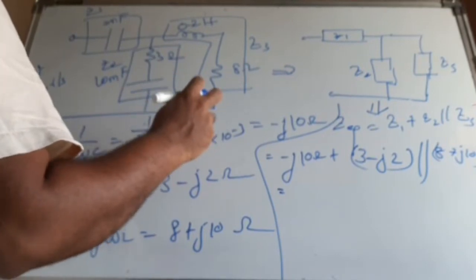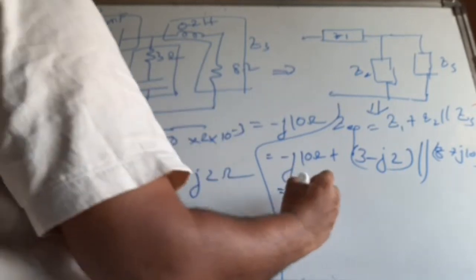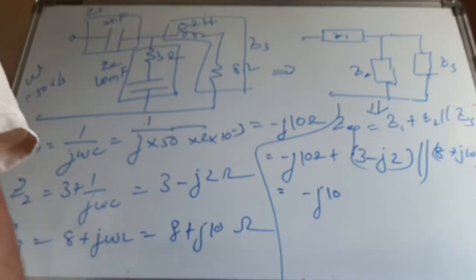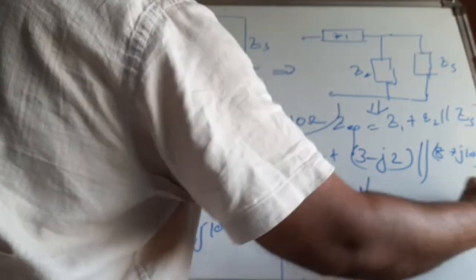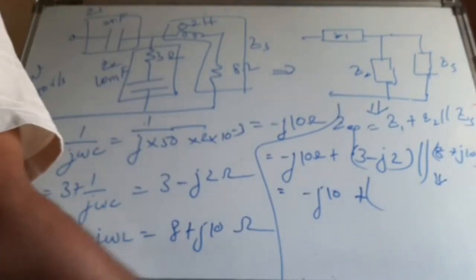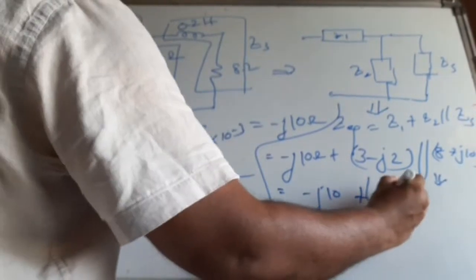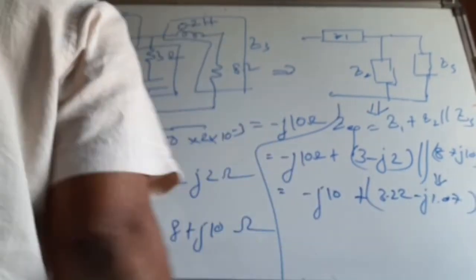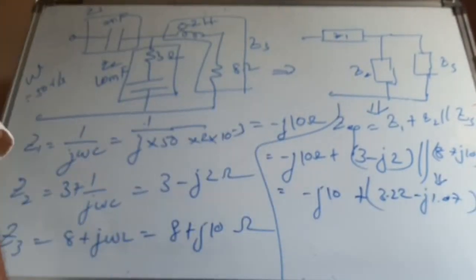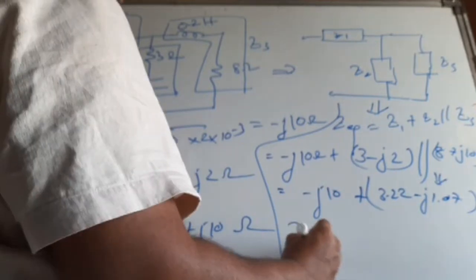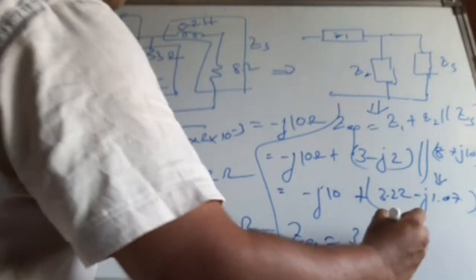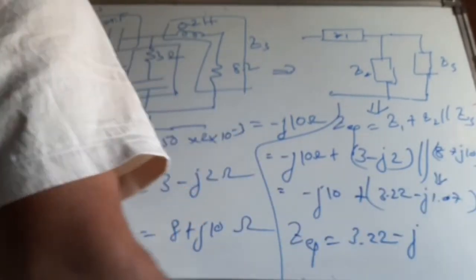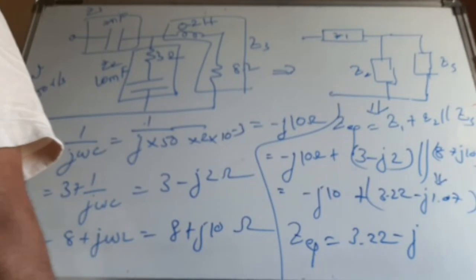Using the mathematical calculations, you get the final answer: minus j10 plus this can be simplified as 1.07 minus j1.07, which gives the final answer as 8.07 minus j11.9.